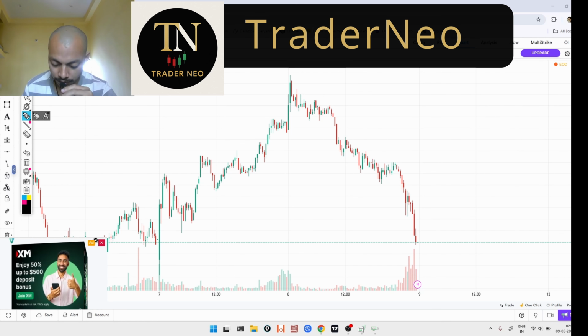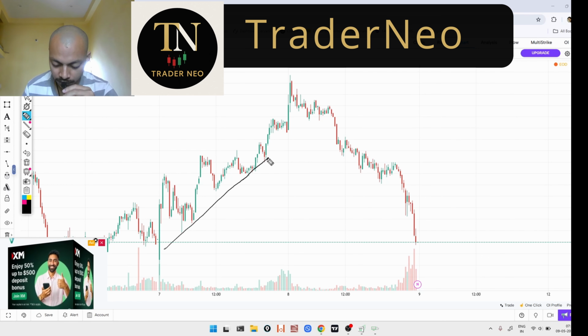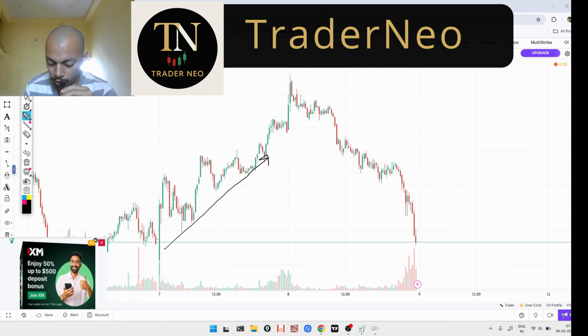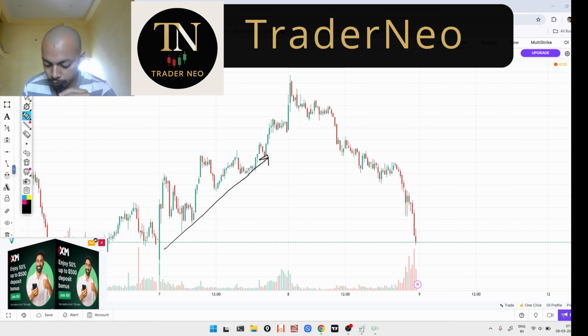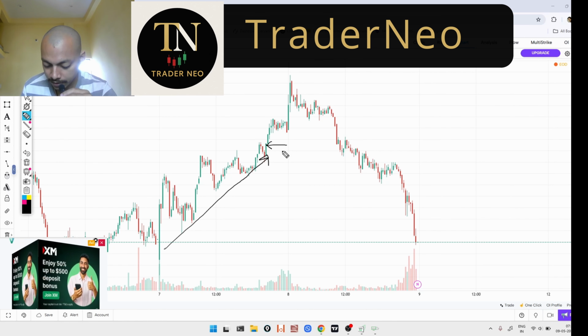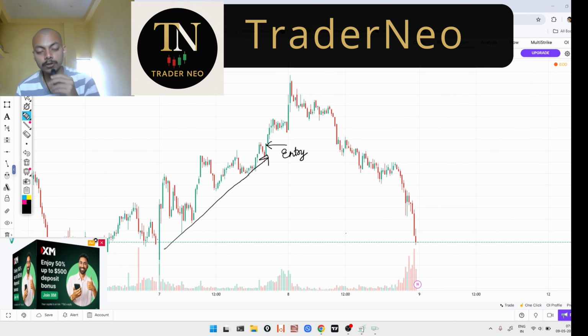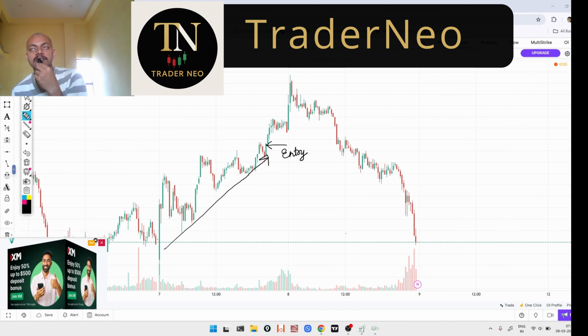You can see that day it was moving up. So seeing a great opportunity, I tried to short it, and so I entered at this candle.